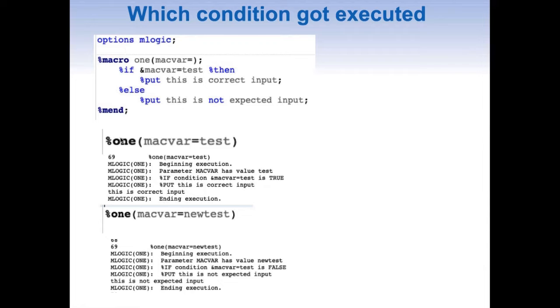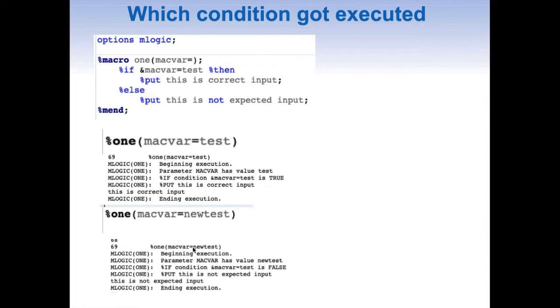When we have options MLOGIC and we execute our macro with macvar equal to test, it tells us that the execution started, the parameter we have passed is test, and the condition here is true. If you look a little deeper at this third line, it tells about what has happened in the execution. That is why we see this particular statement in the log.